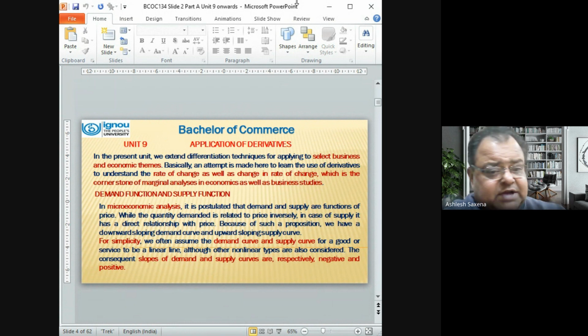Because of such a proposition, we have a downward sloping demand curve and upward sloping supply curve. For simplicity, we often assume the demand curve and supply curve for a good or a service to be a linear line, although other non-linear types are also considered. The consequent slopes of demand and supply curves are respectively negative and positive.